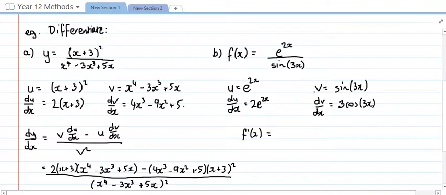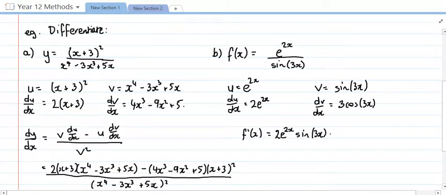So it's v du dx, so that's 2e to the 2x sine 3x plus, sorry, that's meant to be a minus. Maybe I should have written out the rule.